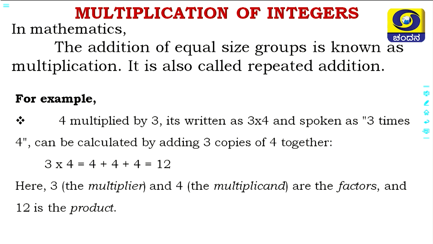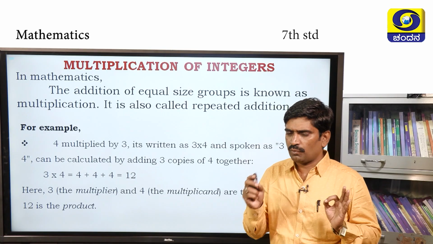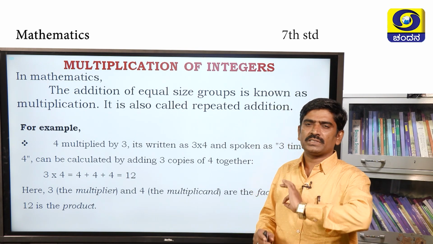Here 3 is the multiplier and 4 is the multiplicand. 3 and 4 are the factors, and 12 is the product.